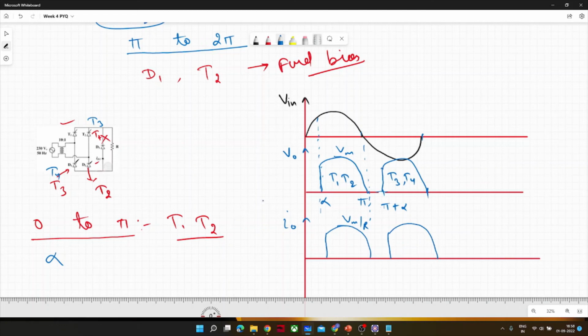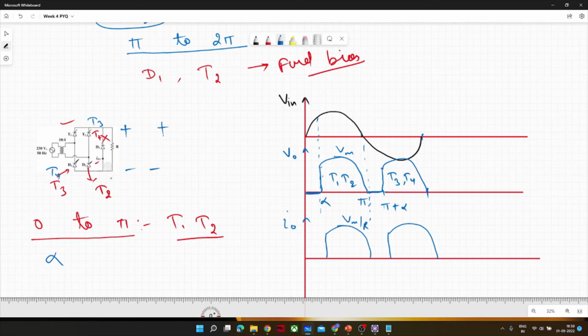Now, during this period, no device is conducting. Why? Because its triggering angle starts from alpha only. In this case, it is D2 or D3, but it has nothing to conduct. Resistive current would flow only when this terminal is either positive or negative. If the voltage across this resistor is zero, then there is no current.